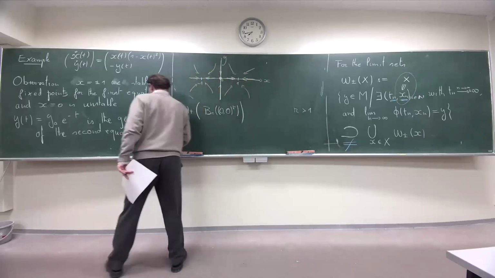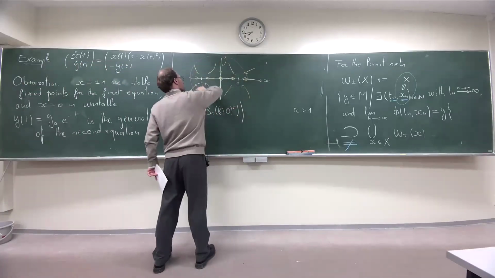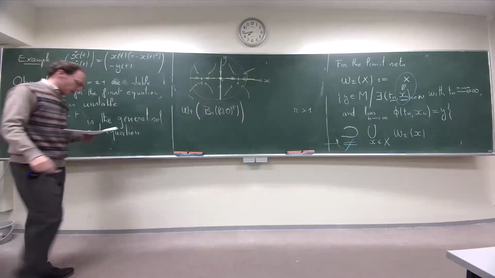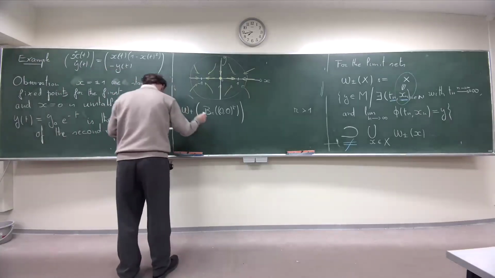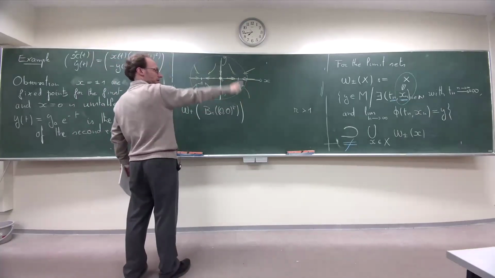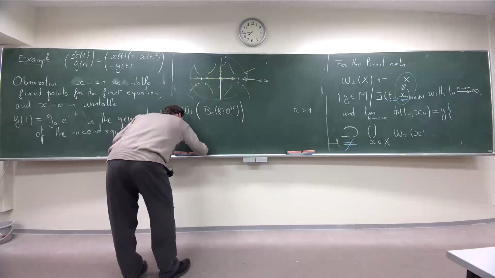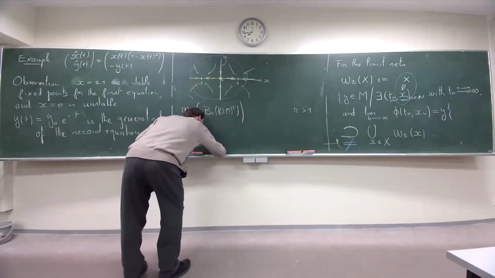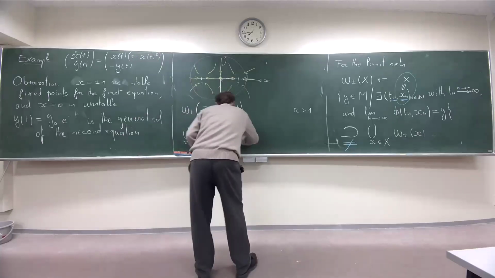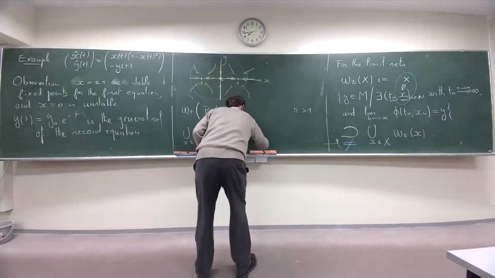So I take a ball like this, and I want to look at its limit set. Then we will look at the union, for all x in the same ball, of the limit set omega plus of x. Just to see the difference.